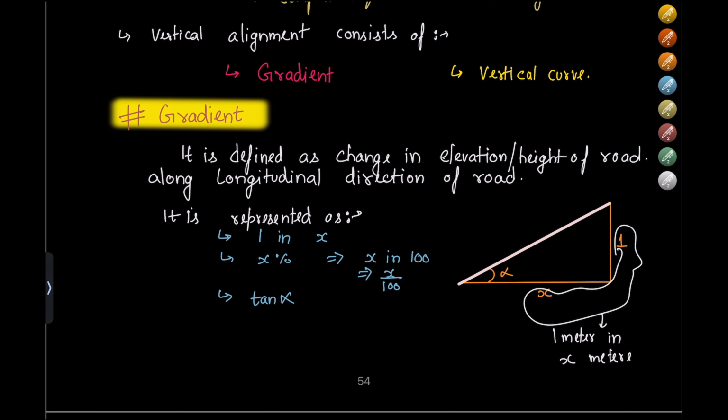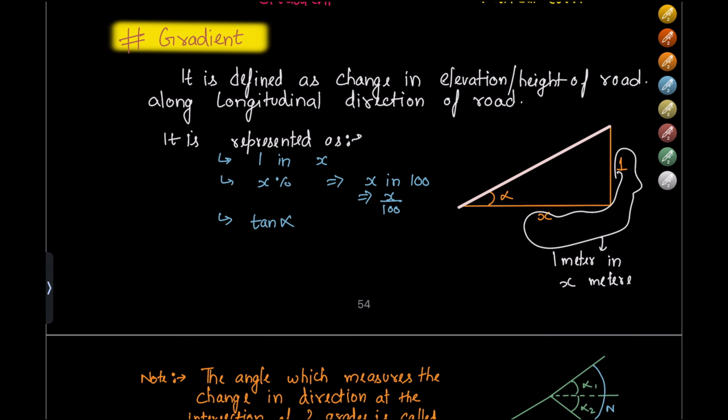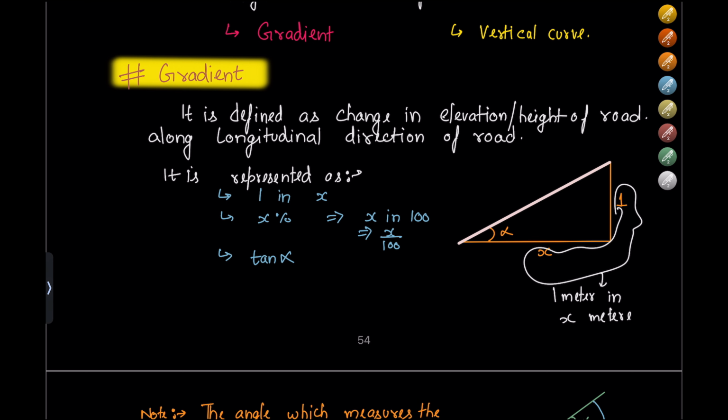If I try to explain it in simple terms, as soon as we move 1 kilometer in horizontal direction, what is the change in the elevation of the top surface of the road? If it is 50 centimeter, then we can say that the gradient would be 50 centimeter per 1 kilometer.